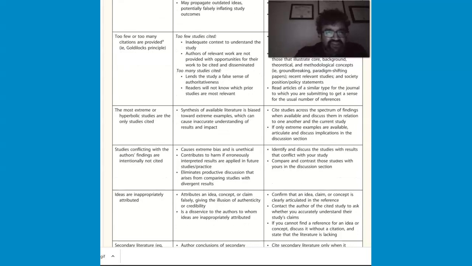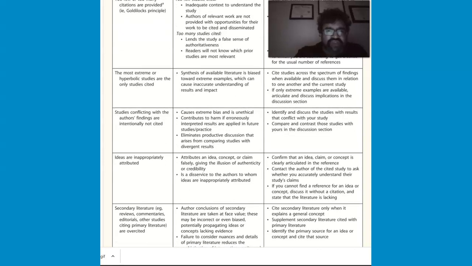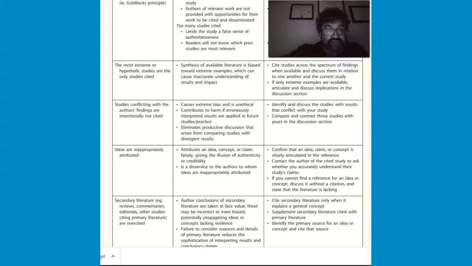So I'm just going to quickly wrap this talk up, because it's going into a lot of different things, and I want to make sure that it's concise as well. The most extreme or hyperbolic studies are the only studies cited. If you have only sensational articles, or ones that make extreme or inaccurate claims in order to attract readers' attention, then this can turn into misinformation.